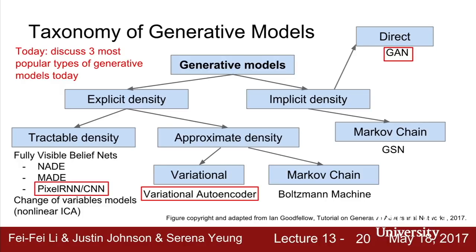But today we're going to discuss three of the most popular types of generative models that are in use and in research today. We'll talk first briefly about pixel RNNs and CNNs, and then we'll talk about variational autoencoders. These are both types of explicit density models, one that's using a tractable density and another that's using an approximate density. And then we'll talk about generative adversarial networks, GANs, which are a type of implicit density estimation.